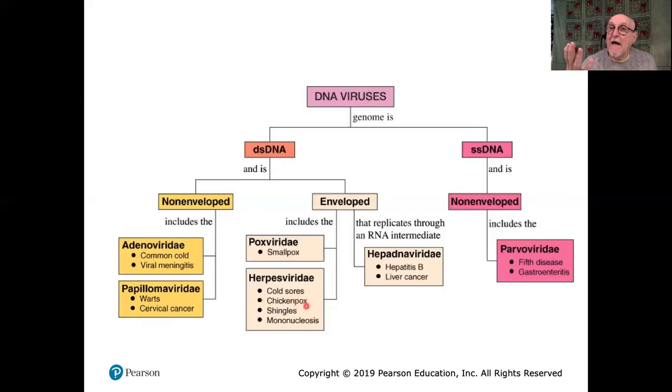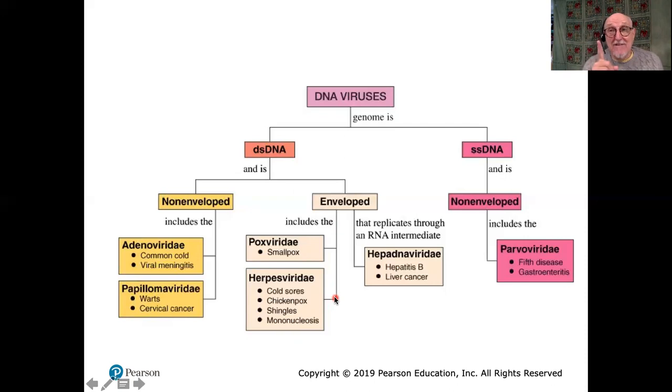Chickenpox, when you have it as a child, retreats and remains completely silent in your nervous system, in peripheral nerves, and then can reappear as this disease, shingles. That is characteristic of the herpes. Many of the herpes viruses have a tendency to be able to remain latent. They are enveloped, double-stranded DNA viruses.